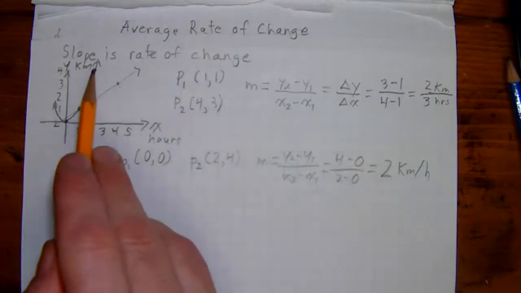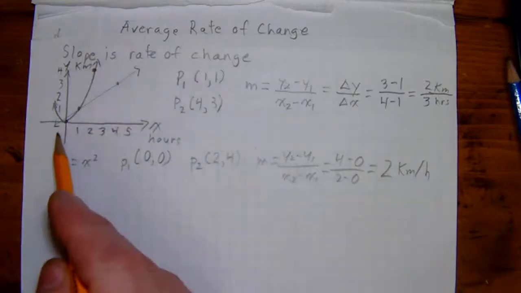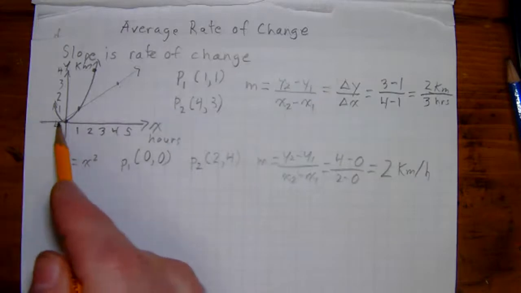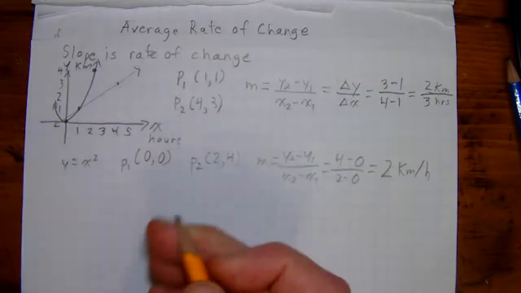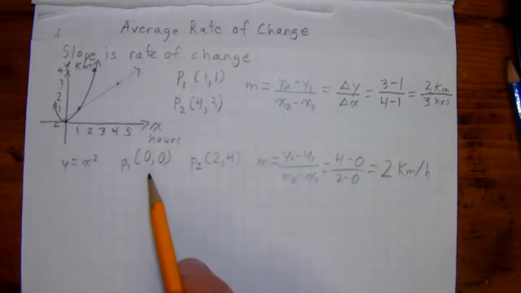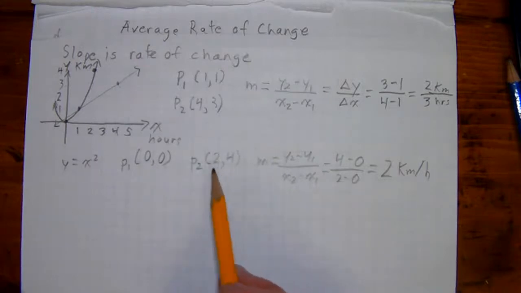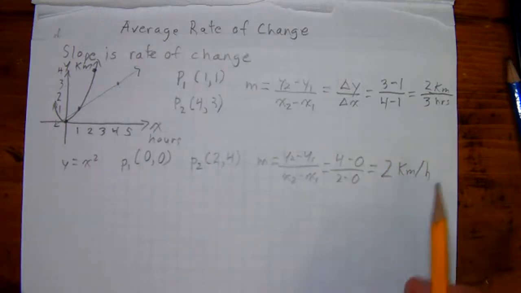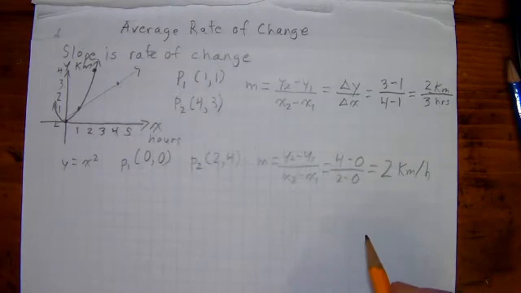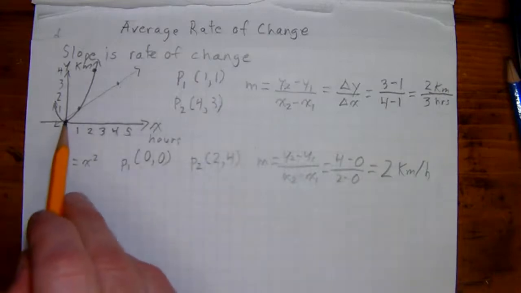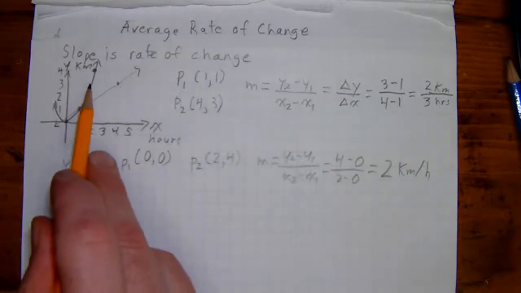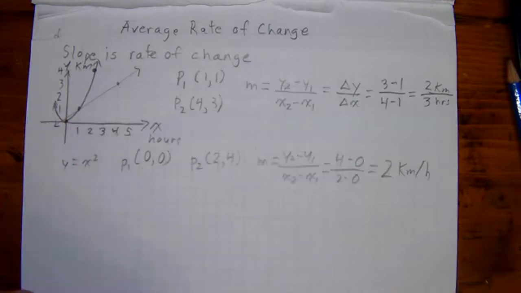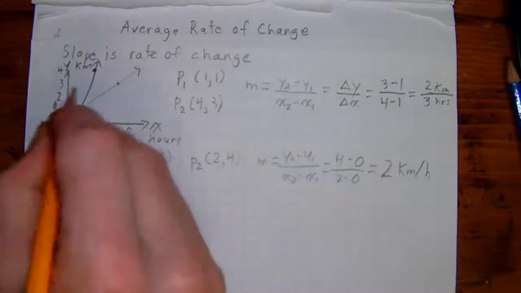And if we looked at their average speed later on, it would be higher. If we went back this way and looked earlier, their average speed would be lower. But from 0 hours to 2 hours, their average speed was 2 kilometers an hour. Now, it's also important to recognize that doesn't mean that at any particular point in time, they were going at exactly 2 kilometers an hour.